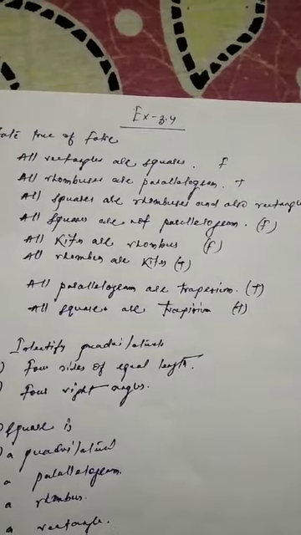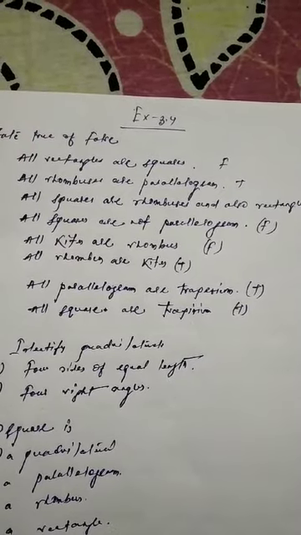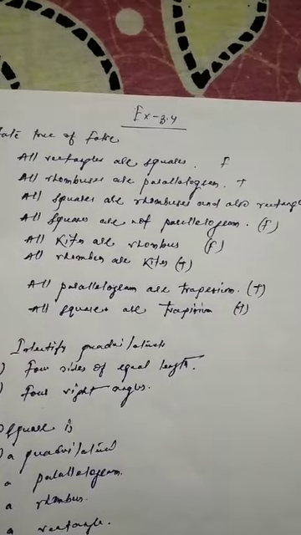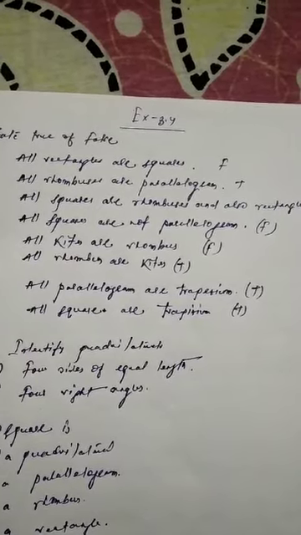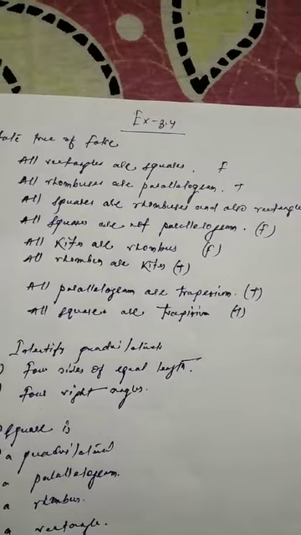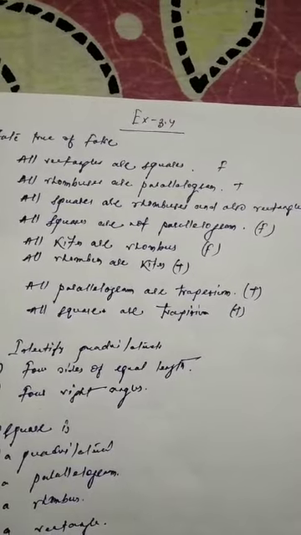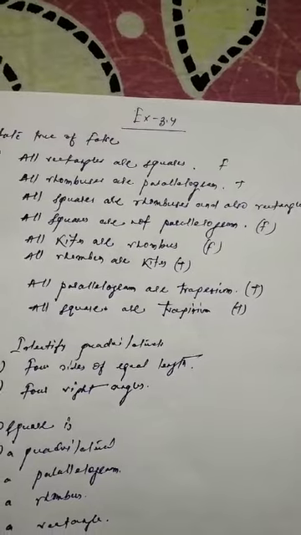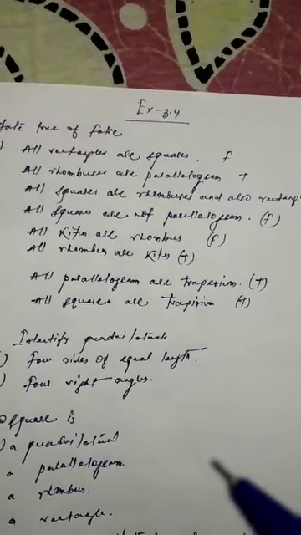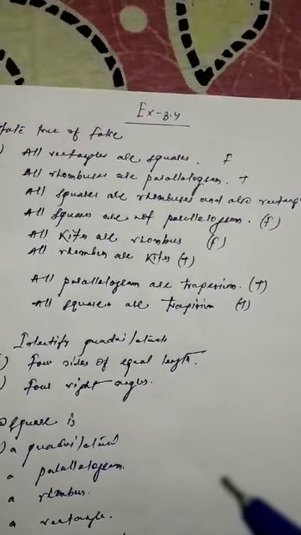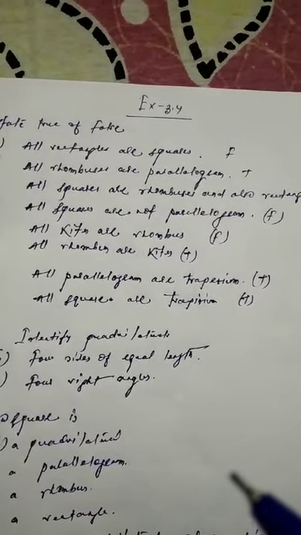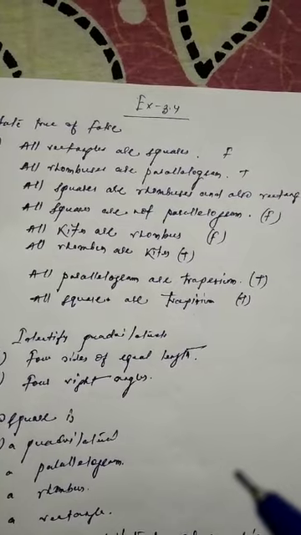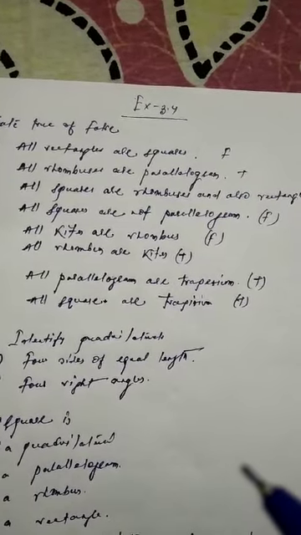To some extent the properties of squares and rhombuses match, so we can say that all squares are rhombuses. Now question D: all squares are not parallelograms. That is absolutely false.